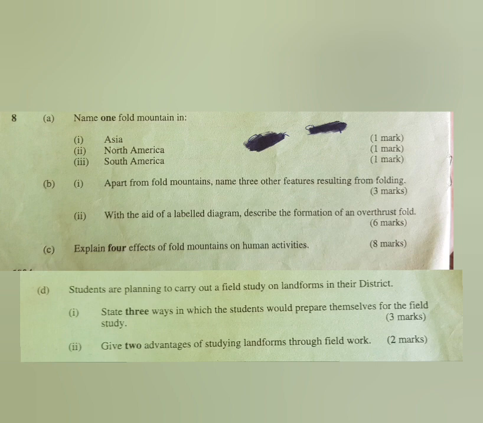Another effect is that some fold mountains have exposed valuable mineral deposits, which are easily exploited, earning income. Another effect is that the topographical nature of the landscape may encourage or discourage settlement or even agriculture. So the steep slopes will discourage settlement, while the valleys might encourage settlement.